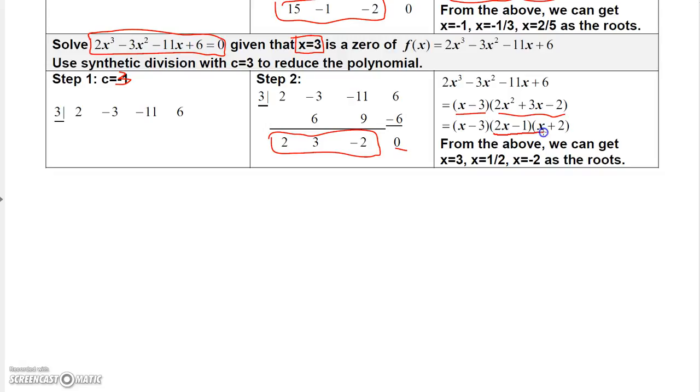Fortunately, this factors into 2x minus 1 times x plus 2. So now I know that this actually factors into 3 binomials, and I can set each binomial equal to 0 and solve it to get the x values of 3, 1/2, and -2. And so that's kind of what we're going to do in this next section to a certain extent.